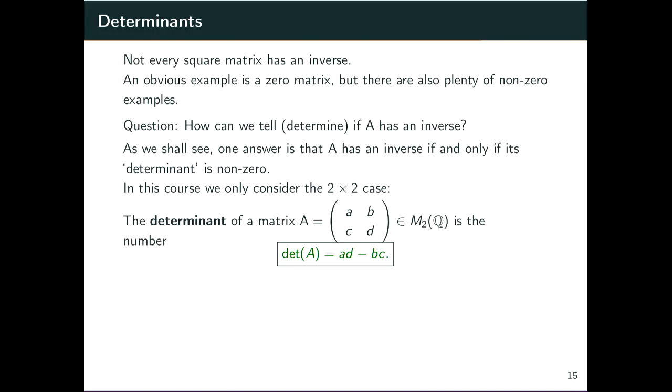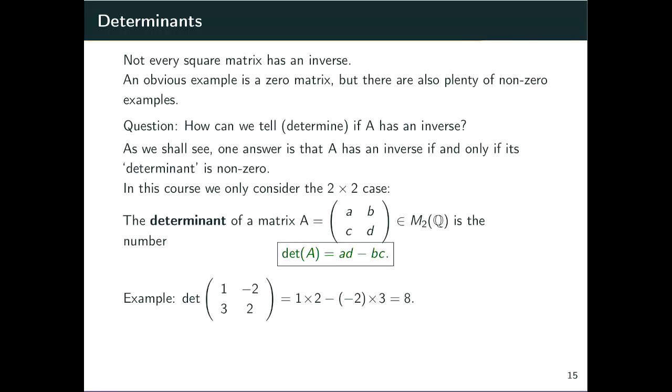We're not going to cover that in the course. It's a little bit complicated. But in this course, we're going to focus on 2 by 2 matrices. And so the determinant of a matrix A is going to be given by a number in Q, which is A times D minus B times C.